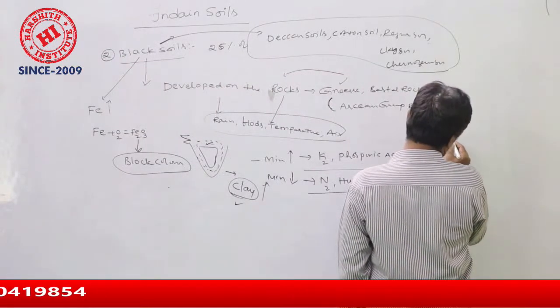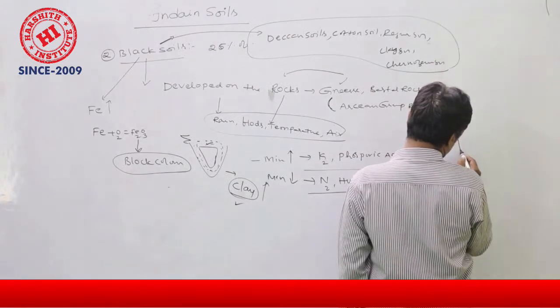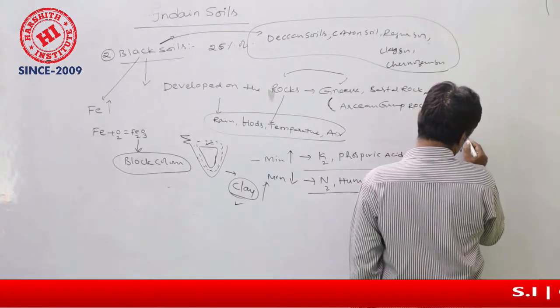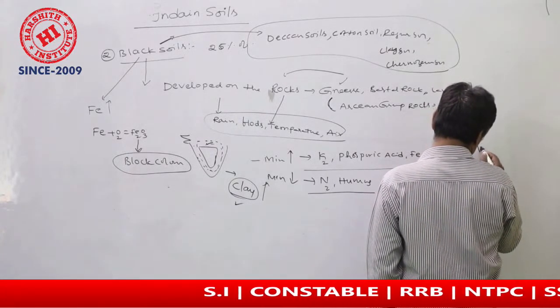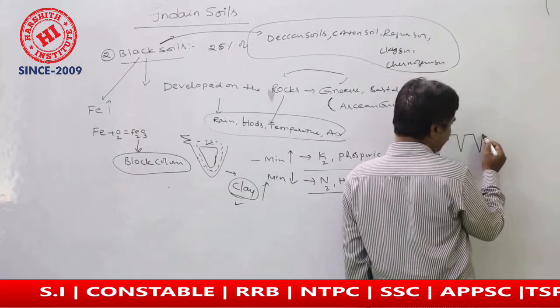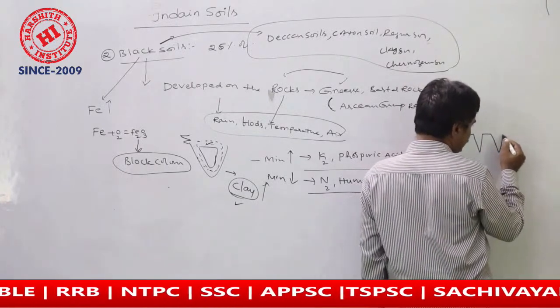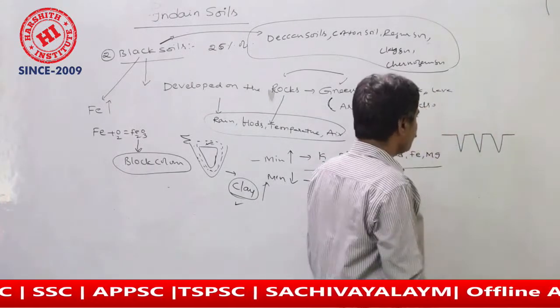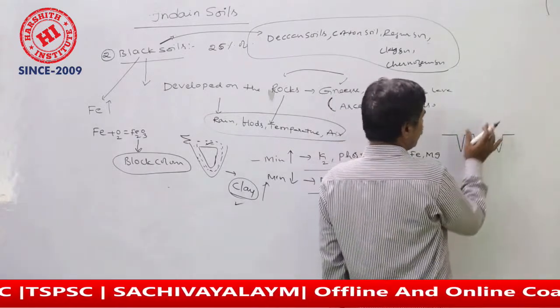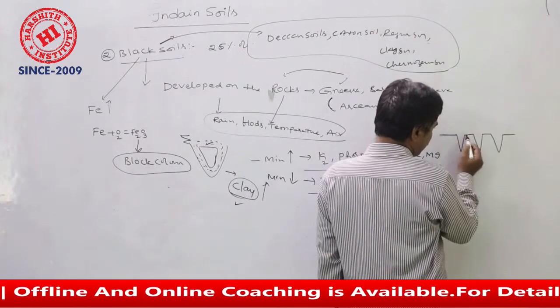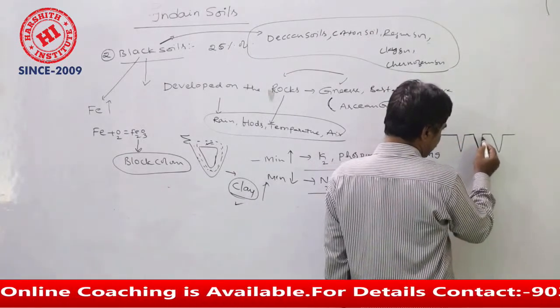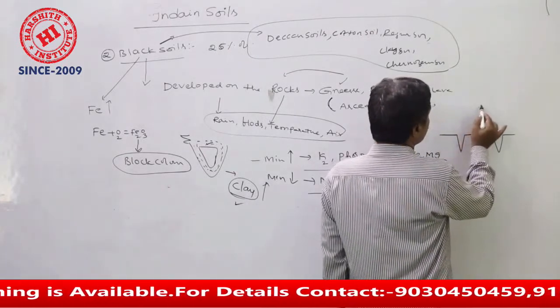Generally, black soils get cracks, sometimes up to 10 centimeters in width, in summer season on the surface of the black soil. In the atmosphere there is nitrogen, 78%, and oxygen, 21%. These two gases occupy 99% of the atmosphere.